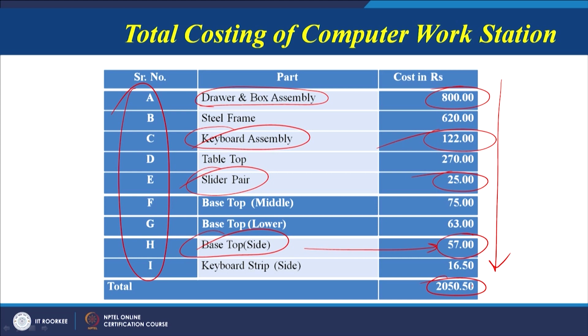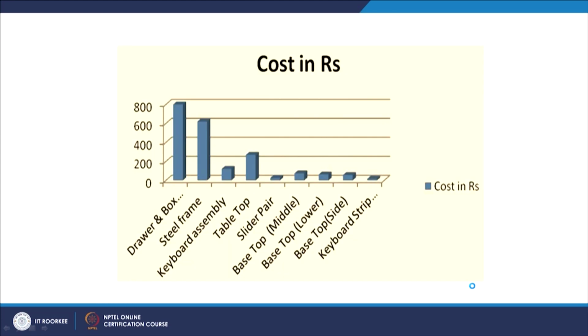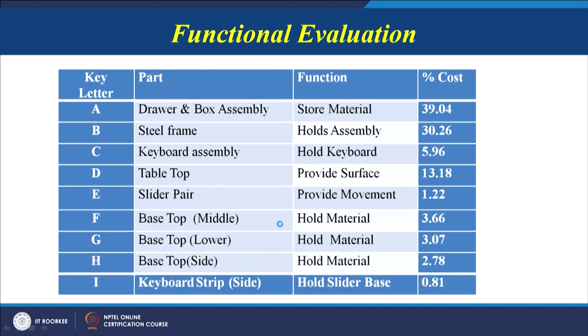Now, this is the cost distribution. We can see that drawer and box is the maximum cost and the minimum is for the keyboard strip. The base top slide is 2.78 only, base top middle 3.66 only, and keyboard strip side is 0.81 only.